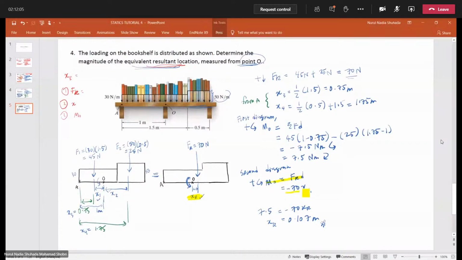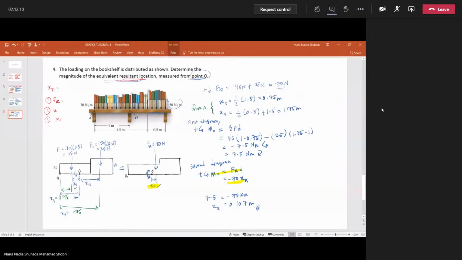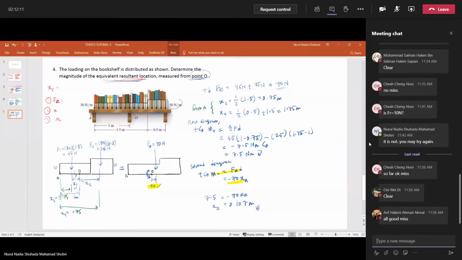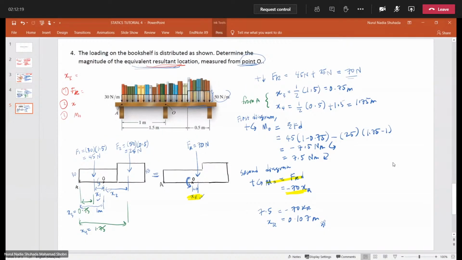With this value alone, you cannot solve the value of XR. So you have to have another equivalent, a sum of forces and a sum of moments, so that you can compare these two values together. Basically, we need to solve for the individual forces also. That's why we find the individual forces.